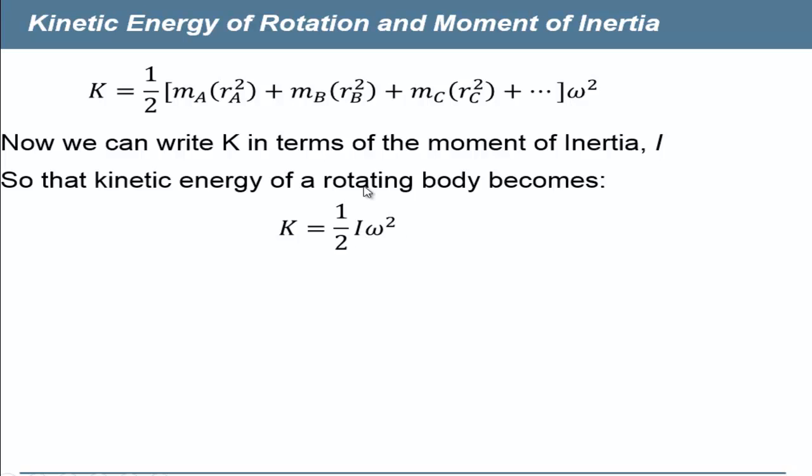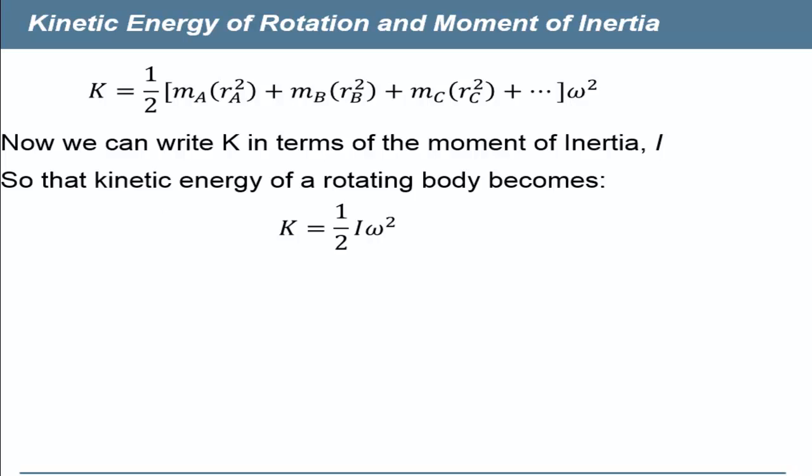Now, the difference in kinetic energy between linear motion and rotational motion is that, in linear motion, I took the whole entire mass, and every point on that mass had the same linear velocity, right? So it's very straightforward, 1/2 mass times velocity squared. Now, in rotational motion, since the linear velocity depends on how it's positioned about its axis of rotation, we have to consider not only the mass of the object, but how that mass is distributed away from the axis of rotation.